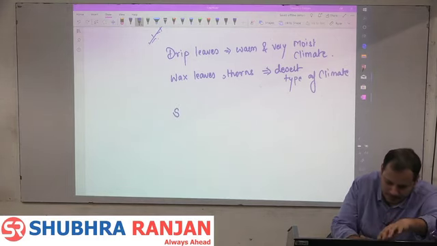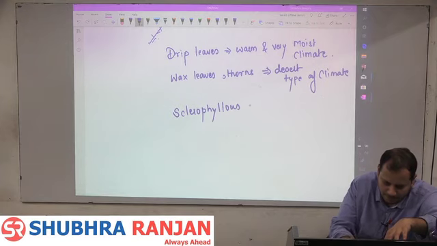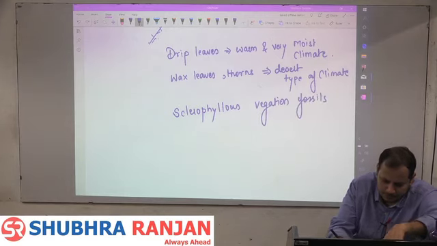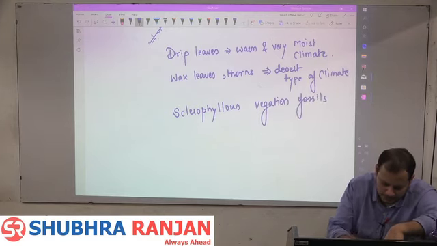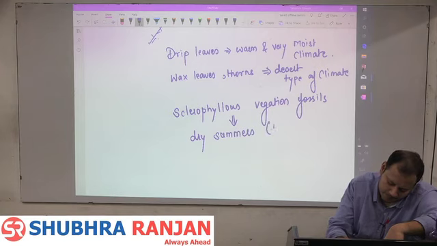Then sclerophyll or sclerophyllous vegetation, fossils, indicate dry summers.